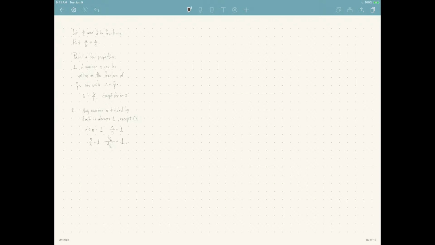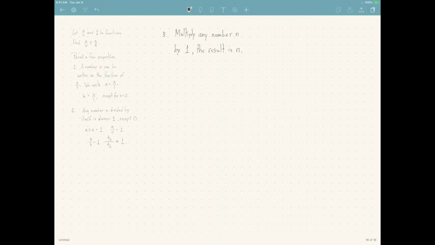Now the next thing that we want, we'll call this property 3. Property 3 says that if I multiply any number n by 1, the result is n.